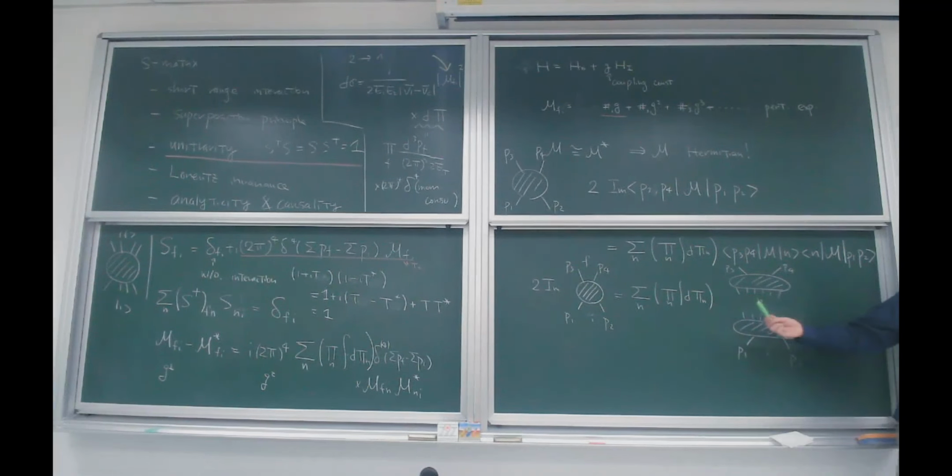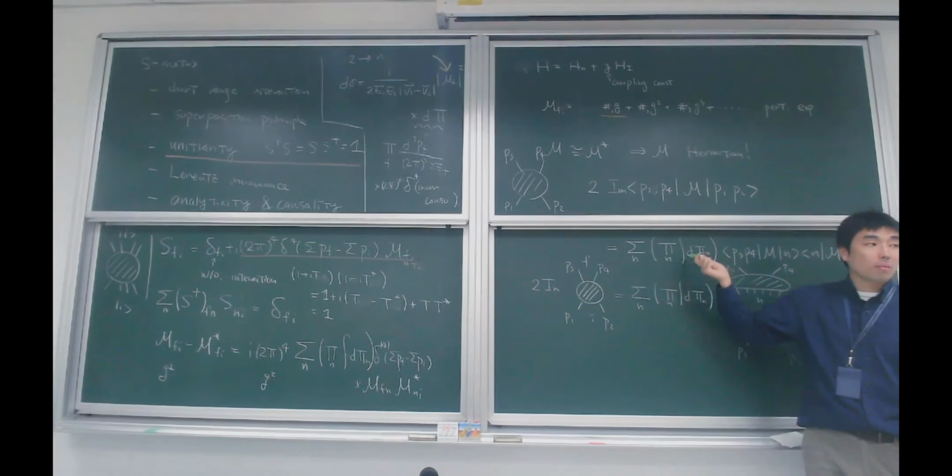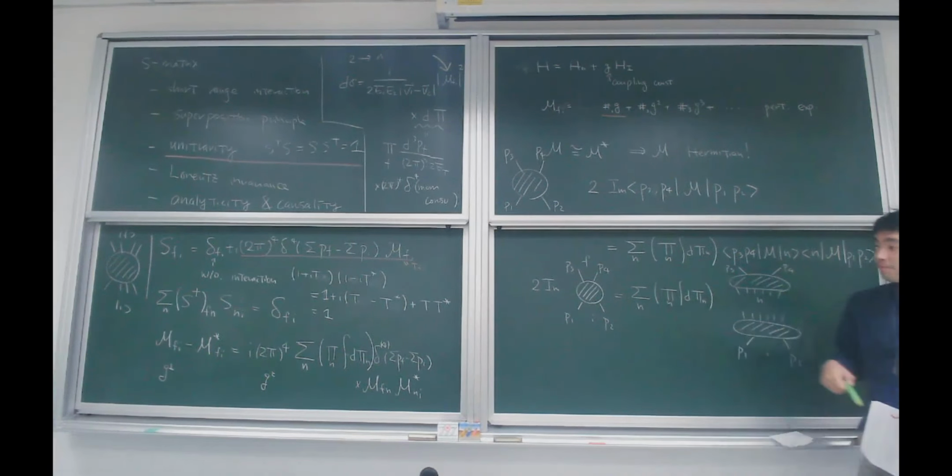The initial state is sandwiched by any state in the Hilbert space n, and then the final state is also sandwiched by any state in the Hilbert space n, and you sum over any state and impose momentum conservation in the middle. So that's what it means.